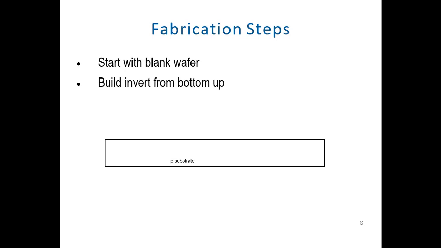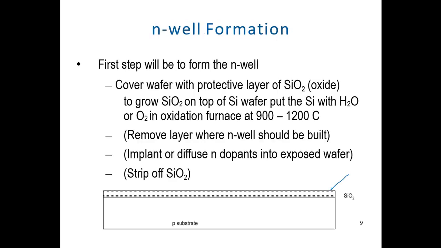in some brief detail. So you start with the P substrate, the blank wafer, and build a silicon dioxide layer. You see, you are just like cooking things. So they are exposed to very high temperatures for the development of this layer.